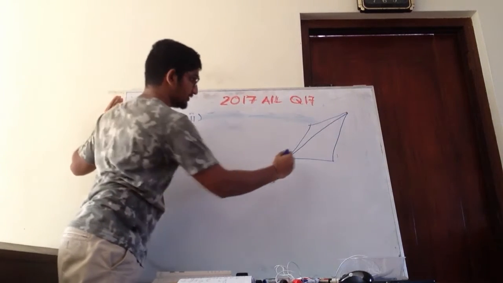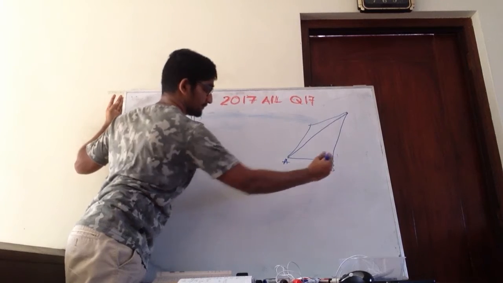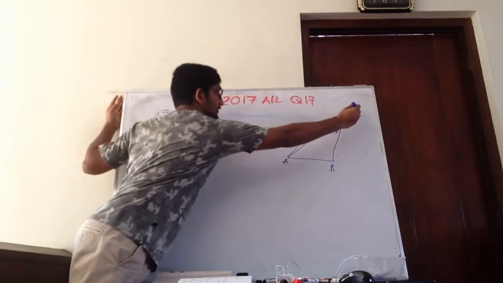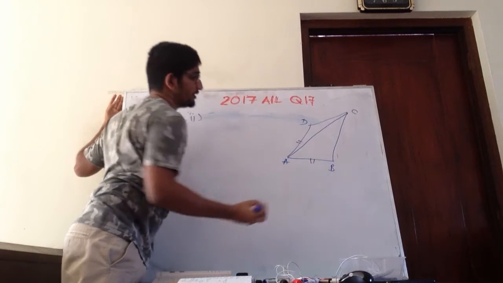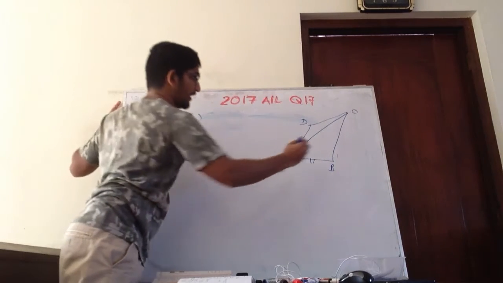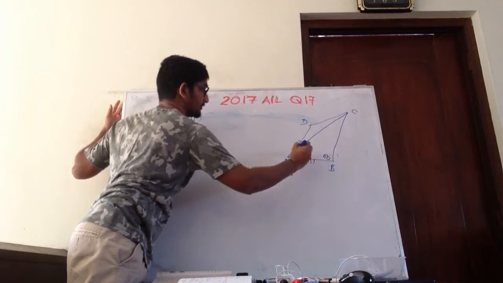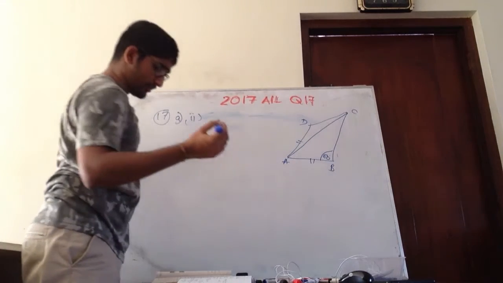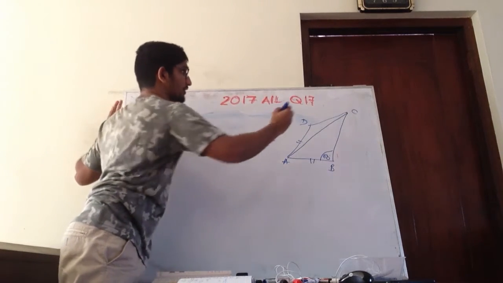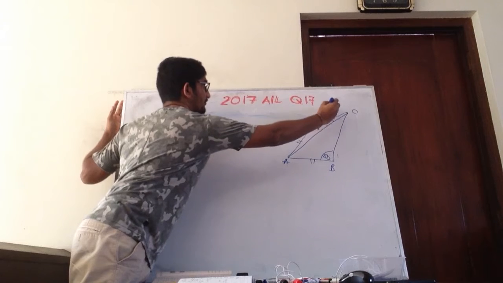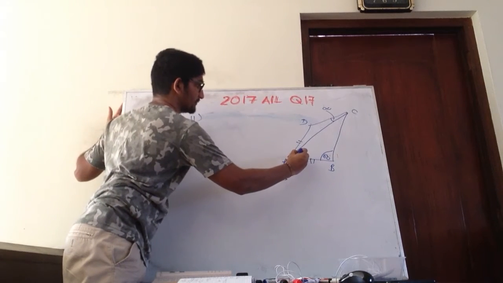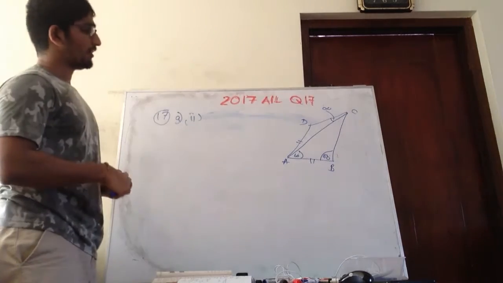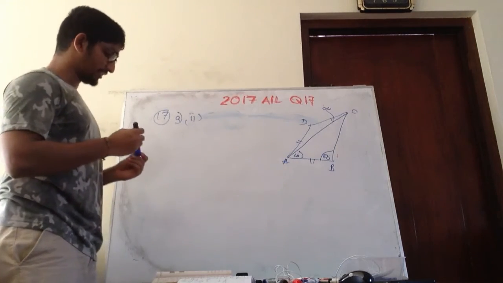They are saying this is ABCD, where AD is equal to AB, and this is 80. This part is alpha, this part is 60. So these are the information given.